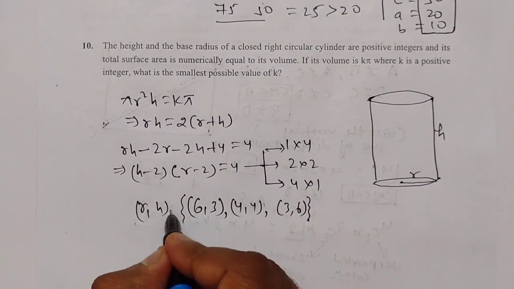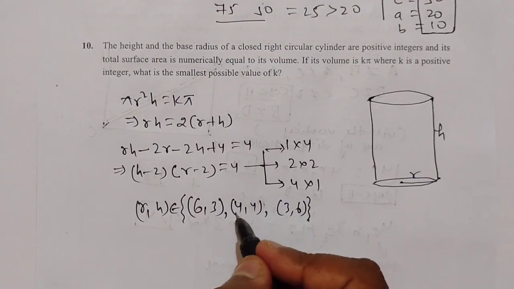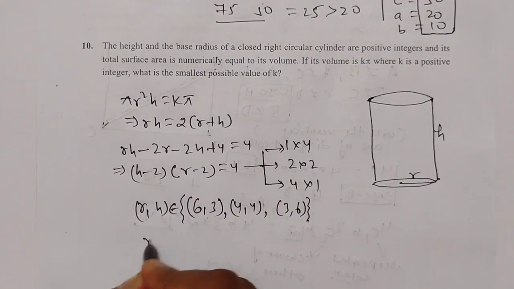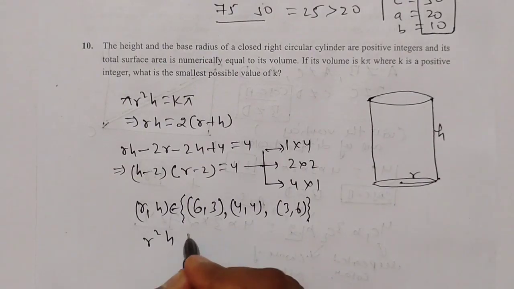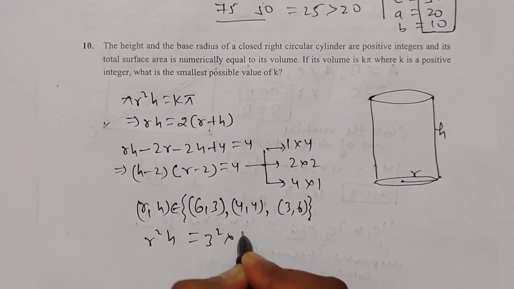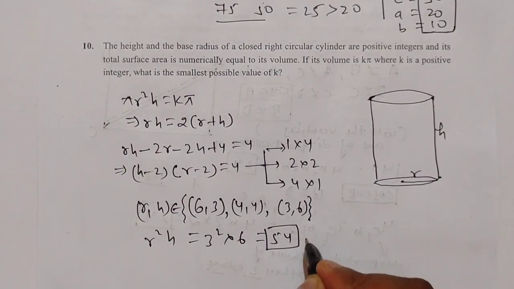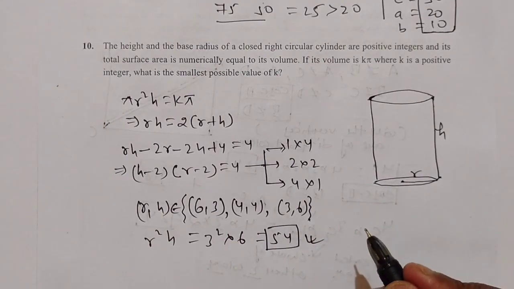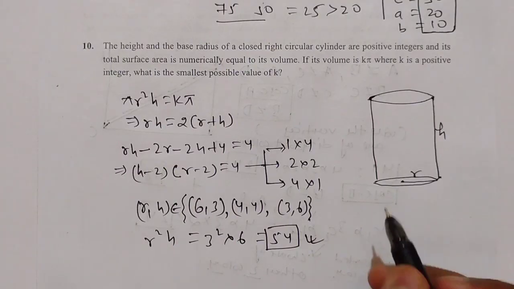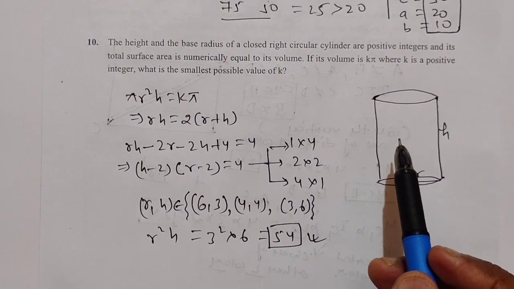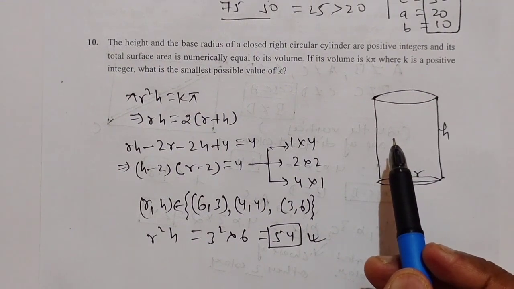So here RH belongs to these values, and now we have to find r square h. So this will be equal to 3 square into 6, which is equal to 54. So we have the value for K is equal to 54. This is the minimum value for K.